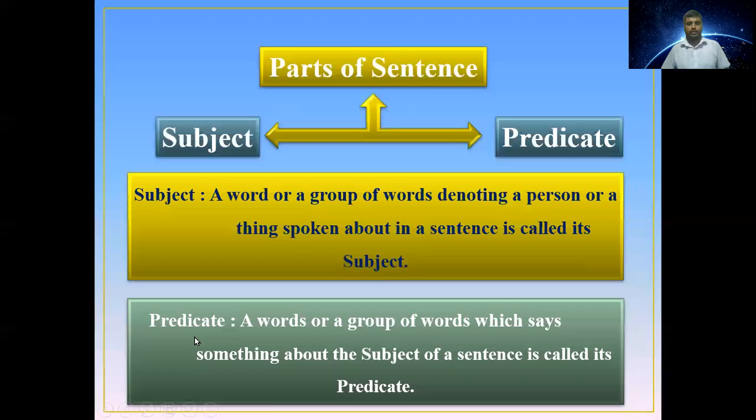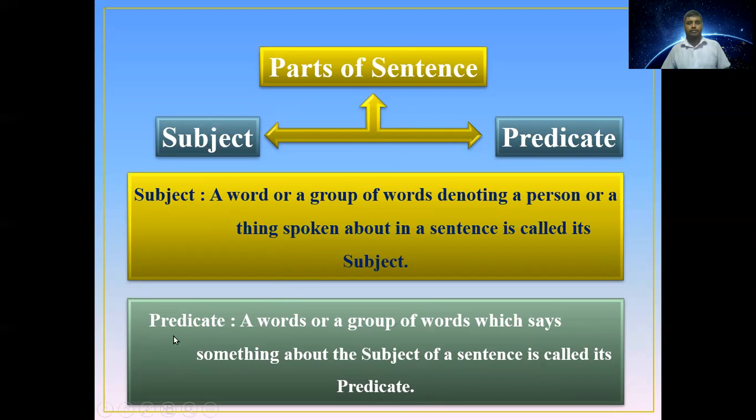What is predicate, my dear student? Can you say? A word or a group of words which says something about the subject of a sentence is called its predicate.